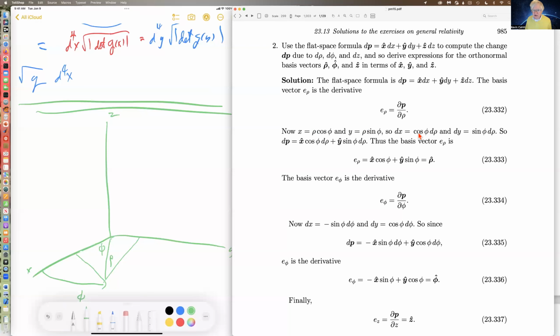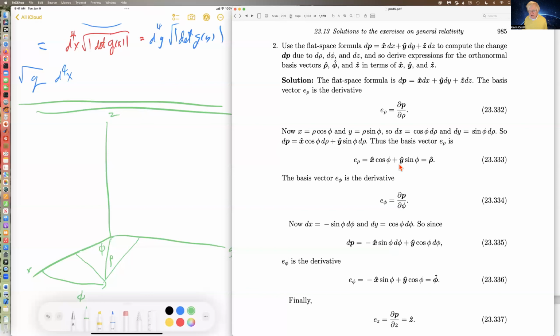So dx is cosine phi d rho, if we're just changing d rho here. The change in y is sine phi d rho. So dp, in terms of d rho, is x hat dx, and dx is cosine phi d rho. y hat dy, dy is sine phi d rho, so it looks like this.